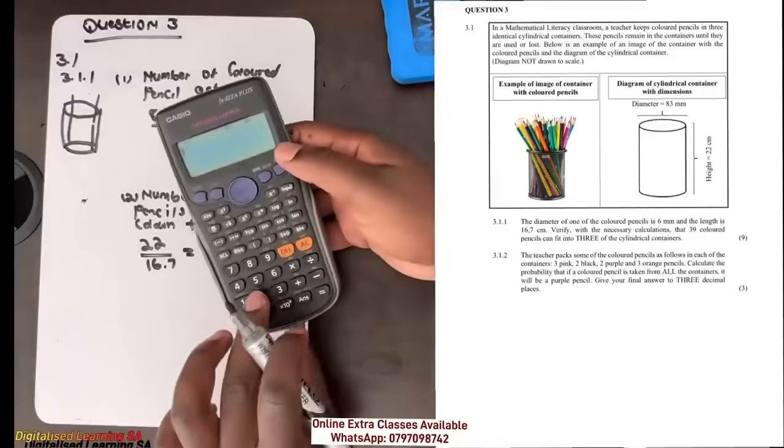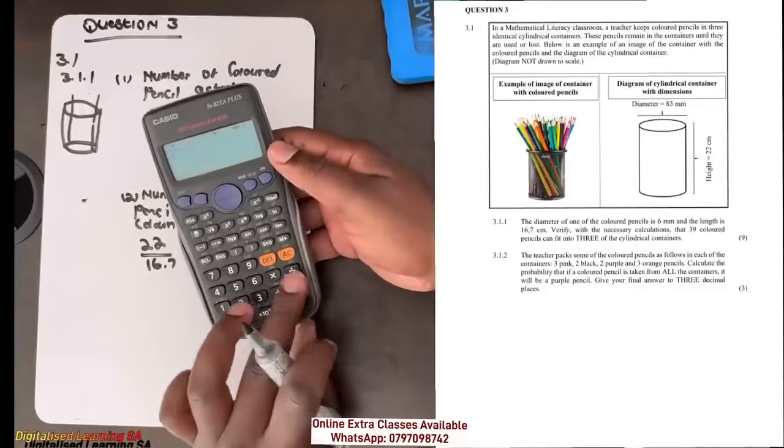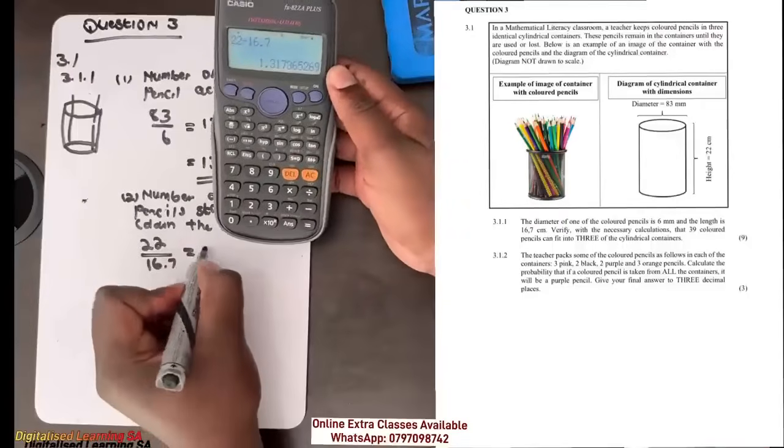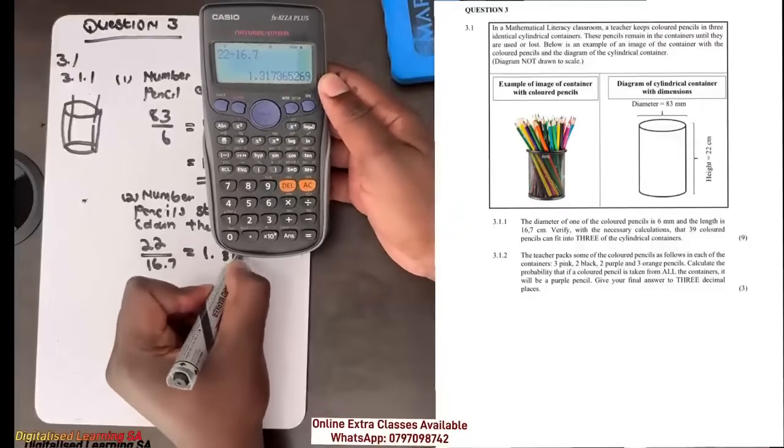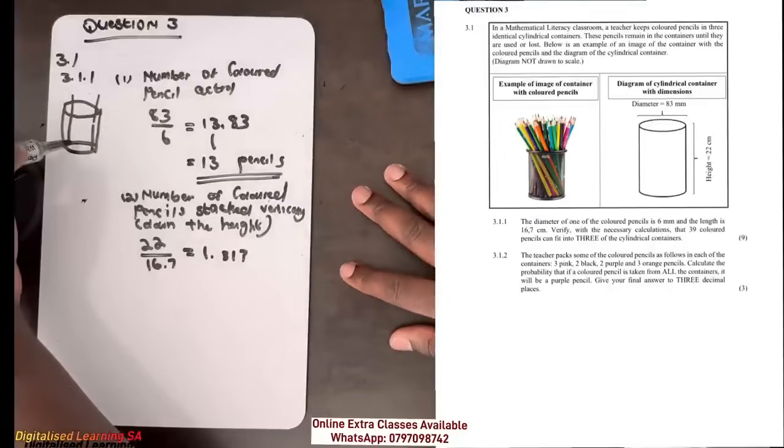So if we say 22 divided by 16.7, we will have 1.317. So this means that only one pencil can fit from bottom to top.